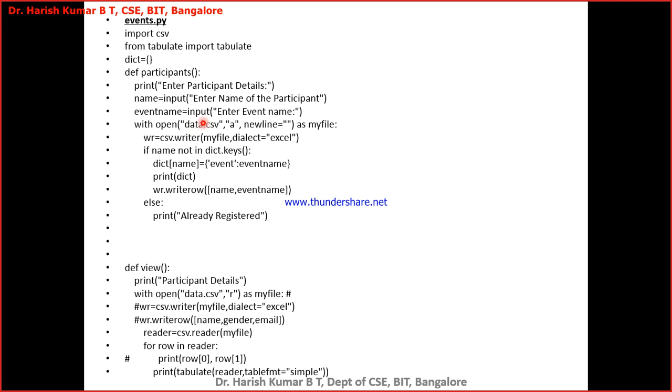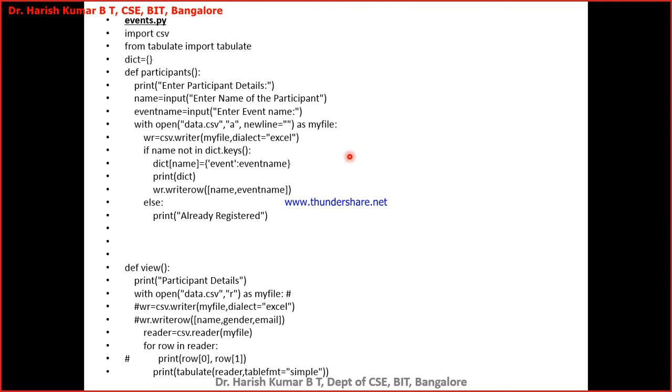I open a file with the name data.csv. I'll be creating this file. So I'm opening that in what mode? Append mode. And as my file. In the previous class, I showed you one example for opening a file. That is one way of opening the file, and this is another way. Earlier we wrote it as handler is equal to open.